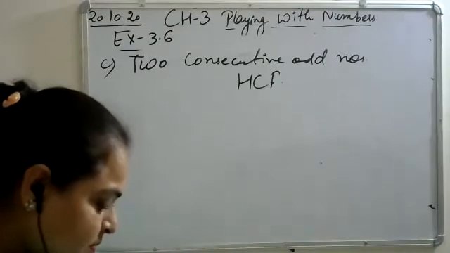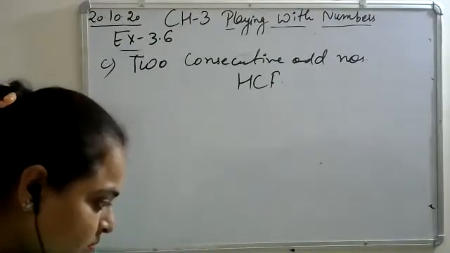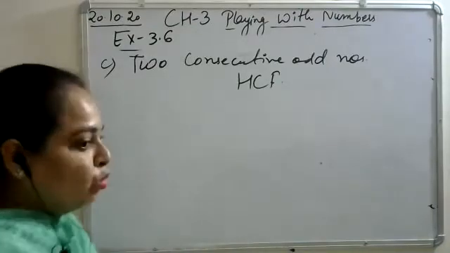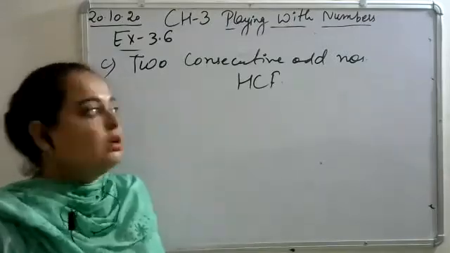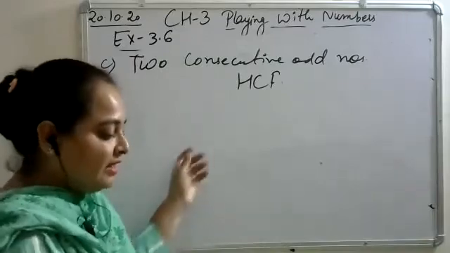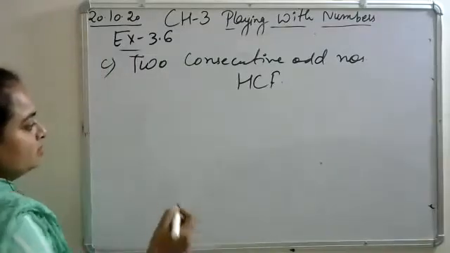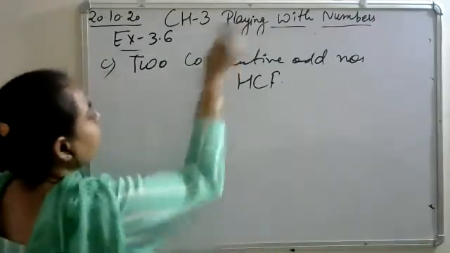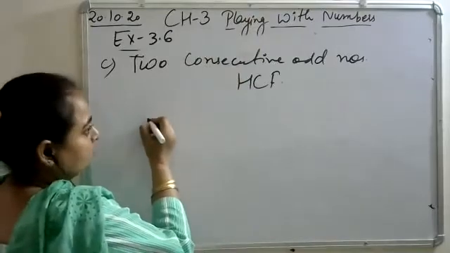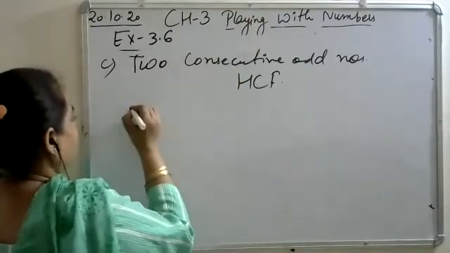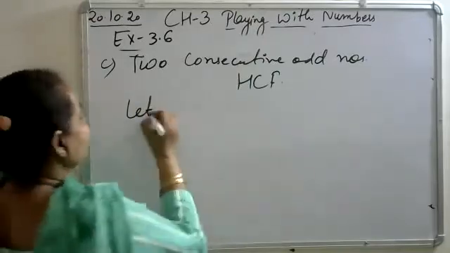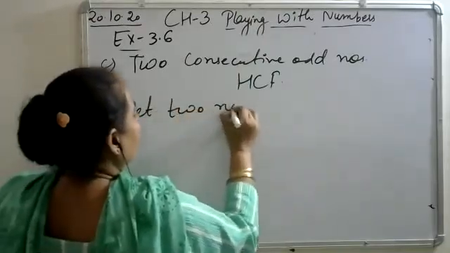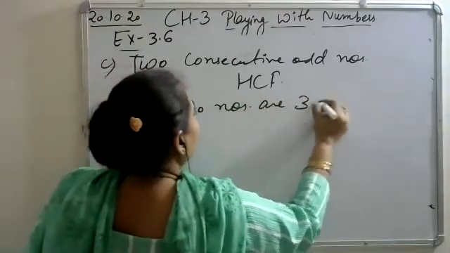Gaurish, explain how. Yes, ma'am. मैंने जो ऑड नंबर्स लिए हैं वो हैं 3 और 5. Let two numbers be 3 and 5.